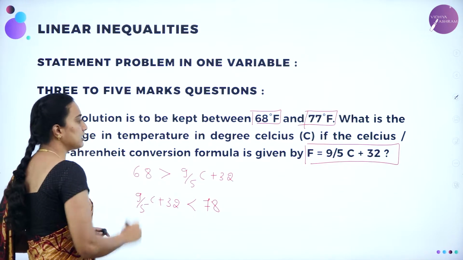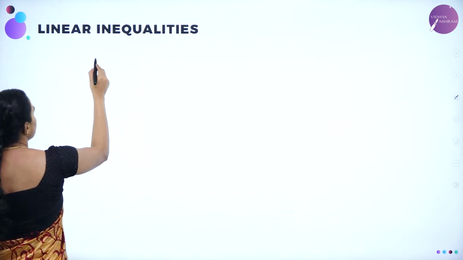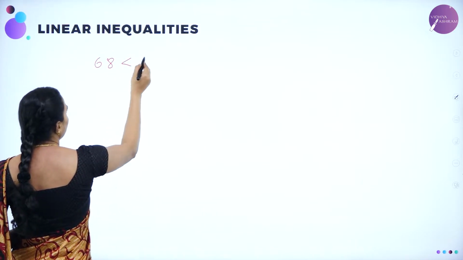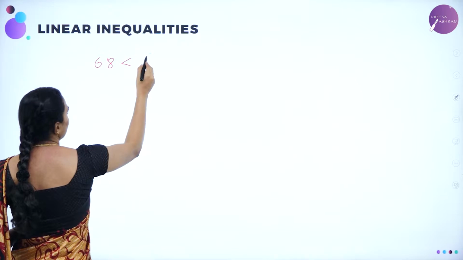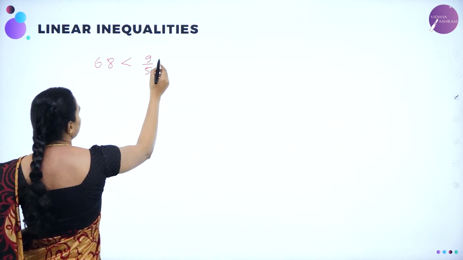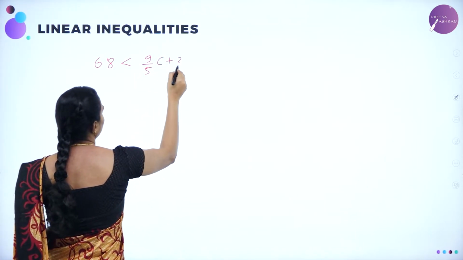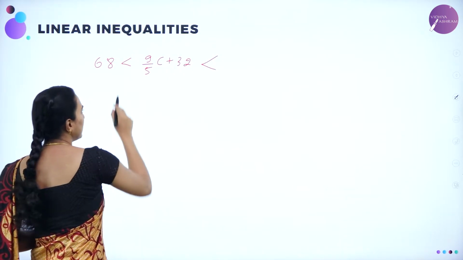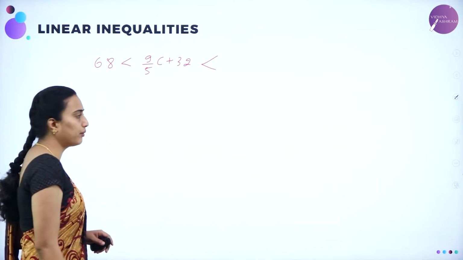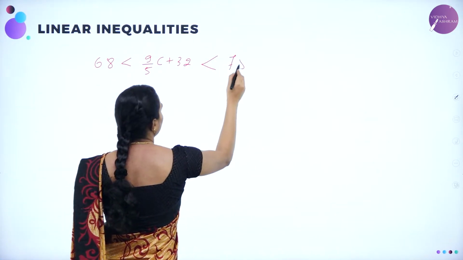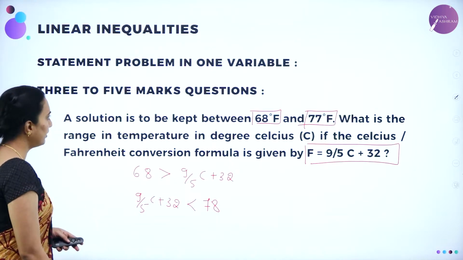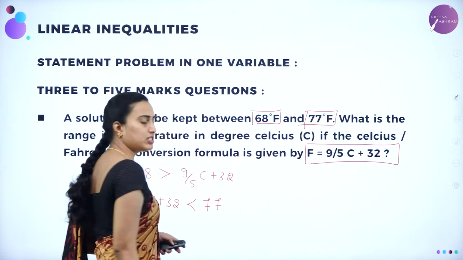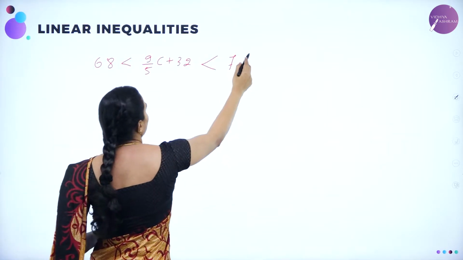Therefore, combining these equations, I can write it as 68 is greater than, the symbol will come like this, 9 by 5 C plus 32, but this is lesser than symbol towards this, greater than symbol towards this, are you getting, is lesser than 77 degree Fahrenheit. Sorry, I wrote 78 by mistake, it is 77, here also it is 77.